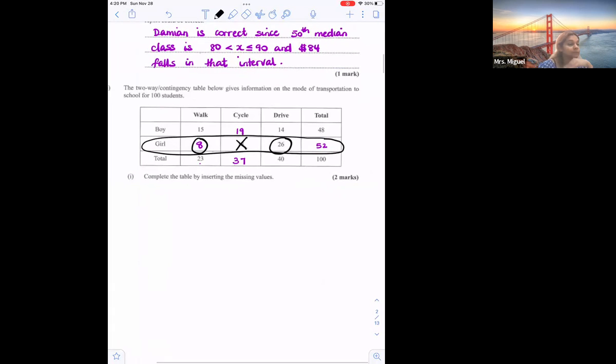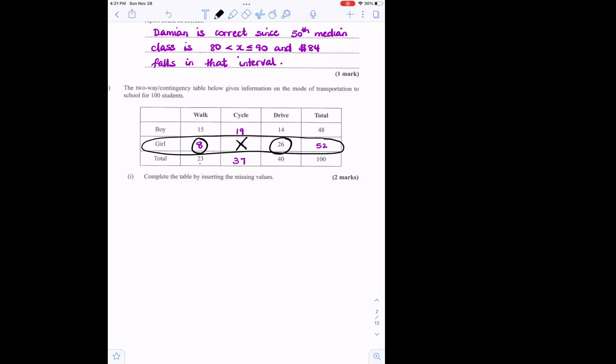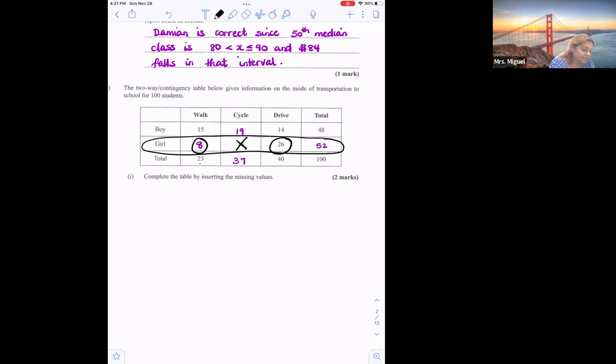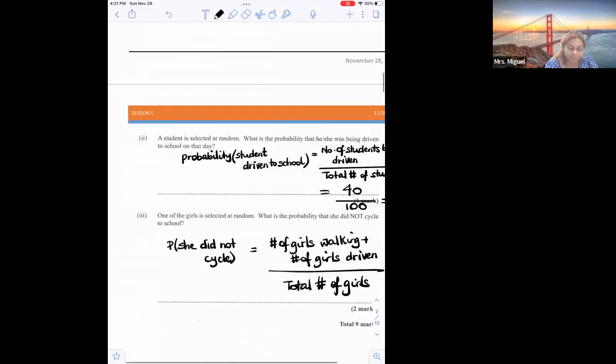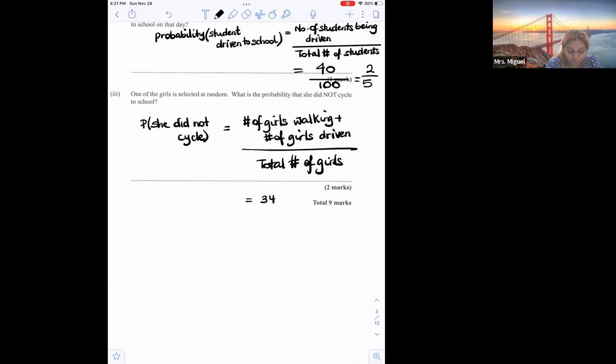Look. So what two numbers would we add? How many girls walk and how many girls were being driven? 34, 26 plus 8, 34. So we have 34 over 52.